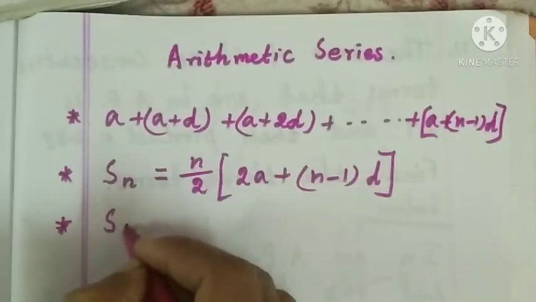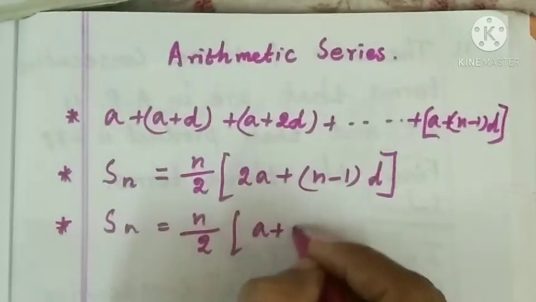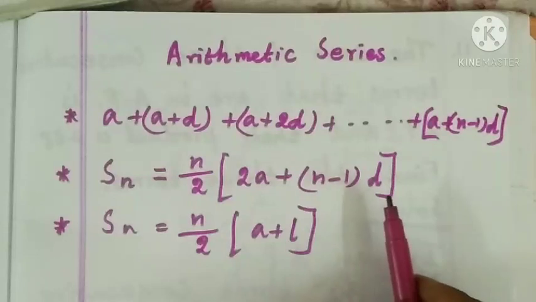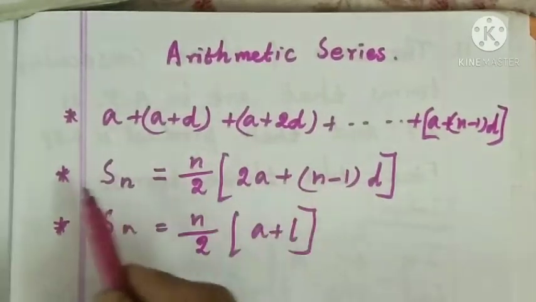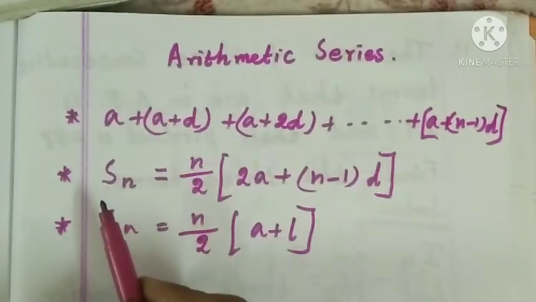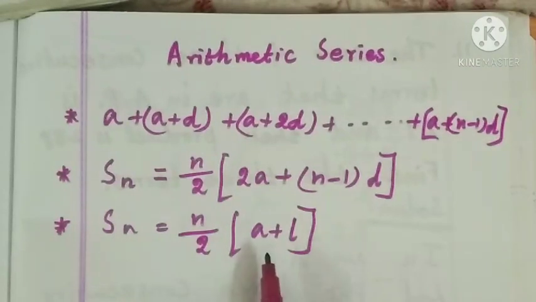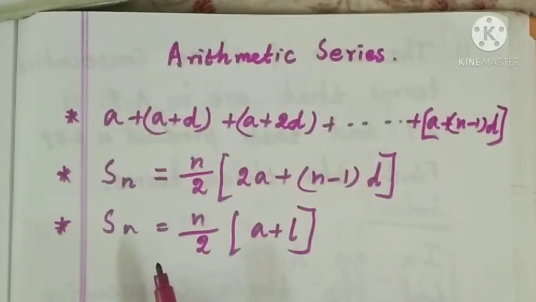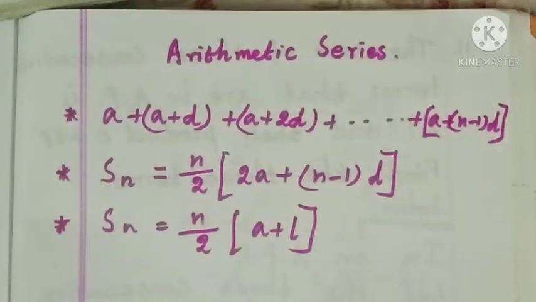Then another formula, Sn is equal to n by 2 into a plus l. In the question, when the first term and common difference are given, use this formula and find the sum of n terms, or when the first term and last term are given, using this formula find the sum of n terms. These are the important points to remember of this exercise.